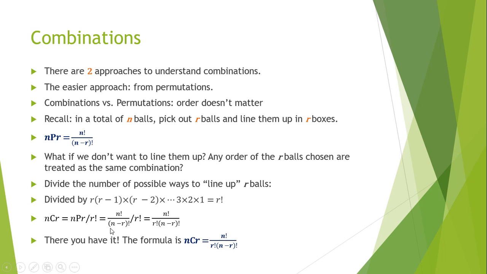So our expression becomes n factorial divided by n minus r factorial, further divided by r factorial. Well, we can just write the r factorial in front of it and make it look nicer. So there you have it. The formula for combination is nCr equals n factorial divided by r factorial times n minus r factorial.